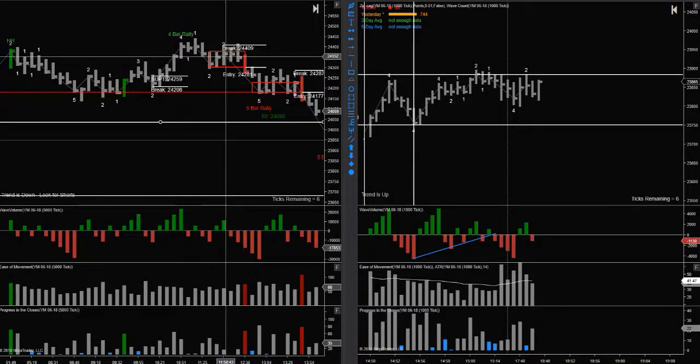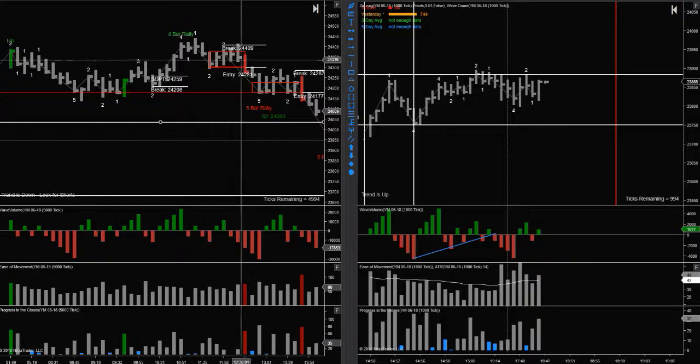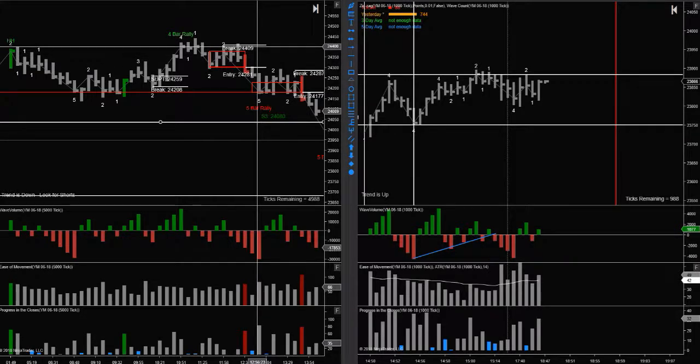So the tightening in this area sets up the rally down. So I know that this is definitely some type of distribution. You could call it redistribution or something, but there's distribution here.